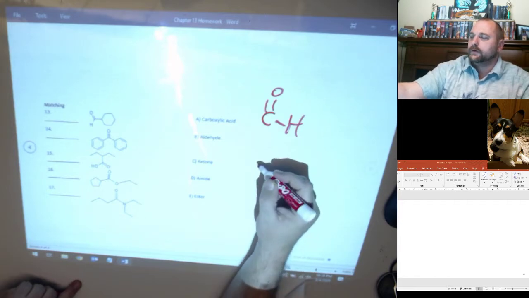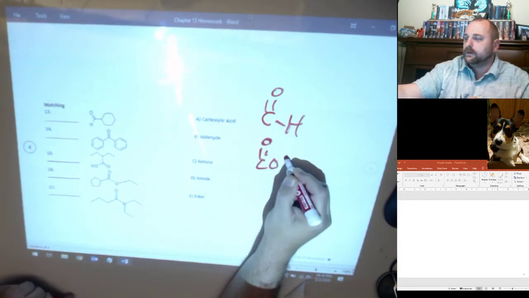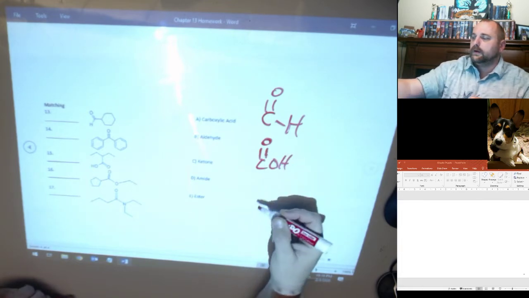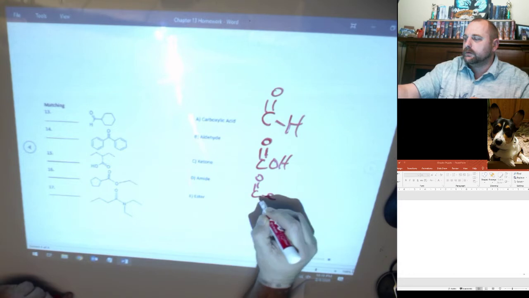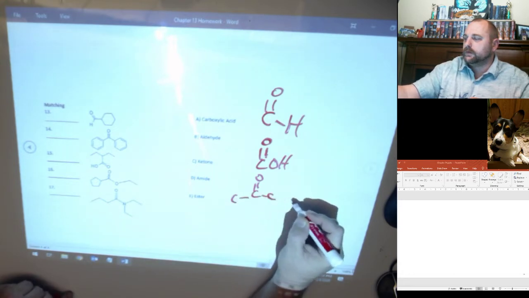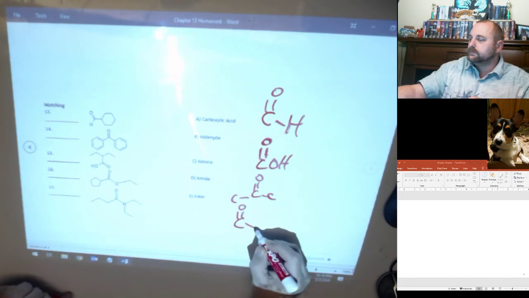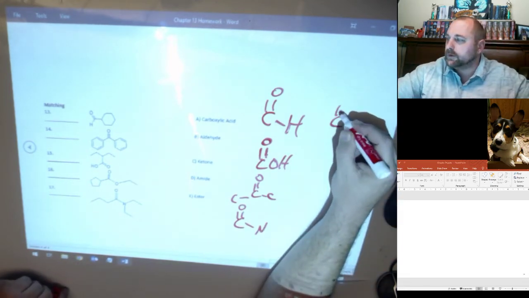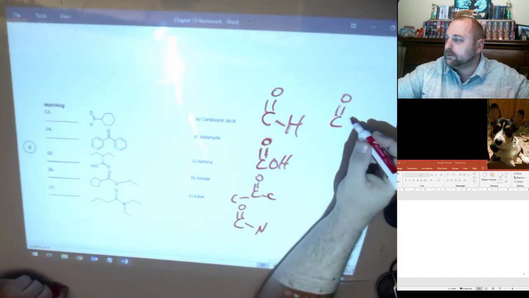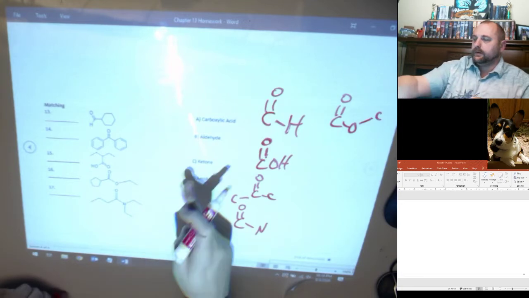There's my aldehyde, there's my acid, these would be a ketone. There's an amide. Let's see, we had an ester, and that's all that they had here.